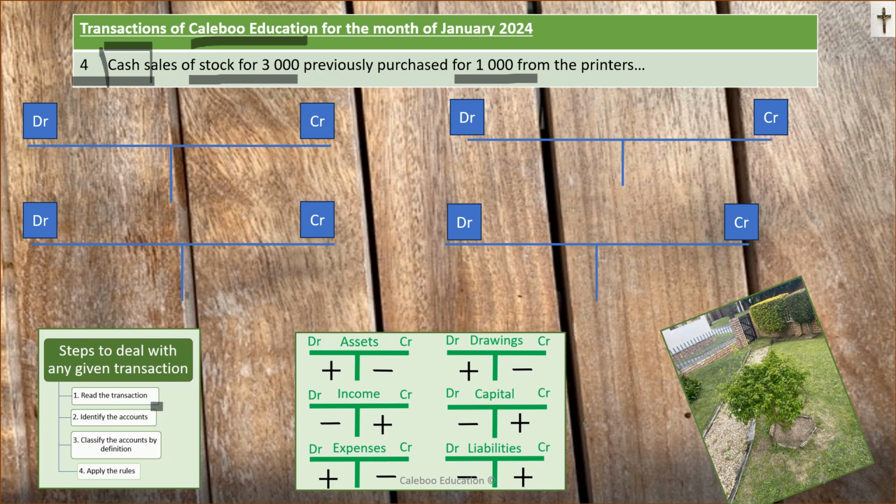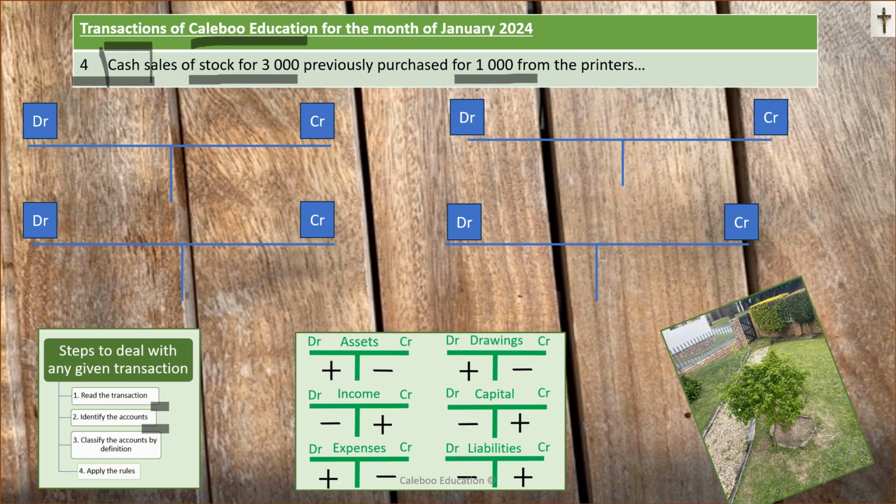So by now you know we apply these steps to deal with the transaction. We've read the transaction, we identify the accounts, and because it's cash, the one account will be bank. And there are 2 parts to this transaction. We need to record the sale, and we need to record the cost of sale.